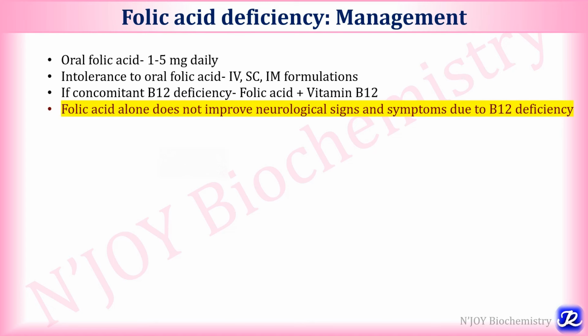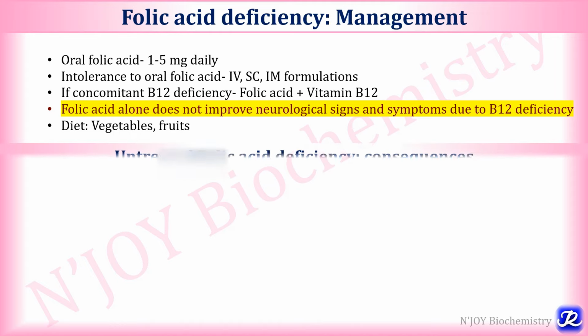If there is concomitant B12 deficiency along with the folic acid deficiency, then both folic acid and vitamin B12 should be given, because if there is vitamin B12 deficiency, then folic acid alone does not improve the neurological signs and symptoms that occur due to vitamin B12 deficiency. Dietary management is also important. A diet rich in folic acid, that is green leafy vegetables and fruits, is very important.